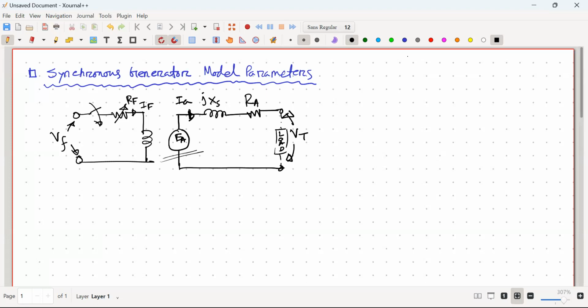In order to get this value, which is named the synchronous reactance, we need to go for two types of test. One is called open circuit characteristics, OCC, and another is short circuit characteristics, SCC. Let me write the names.